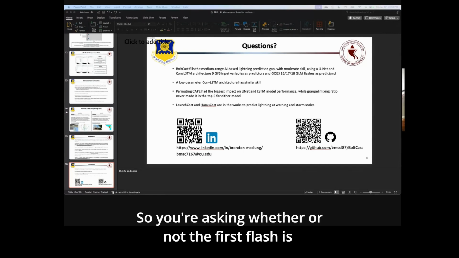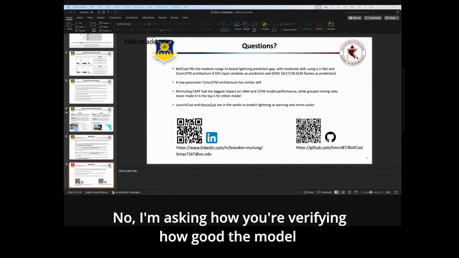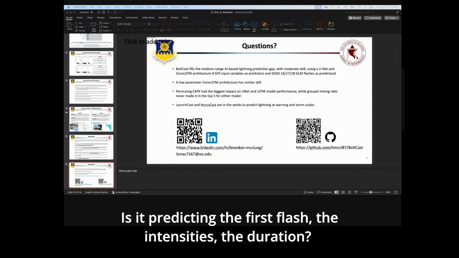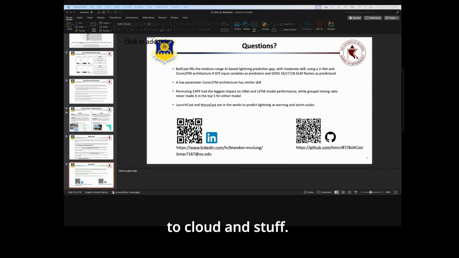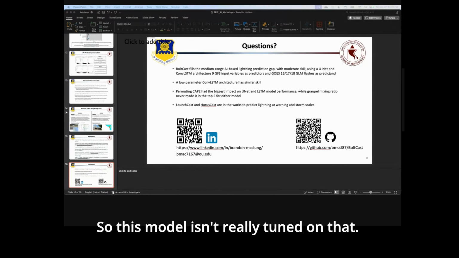So you're asking whether or not the first flash is input into the model? No, I'm asking how you're verifying how good the model is. Is it predicting the first flash, the intensities, the duration? I know we were talking about cloud to ground and cloud to cloud. Oh yeah, right, this model isn't really tuned on that.